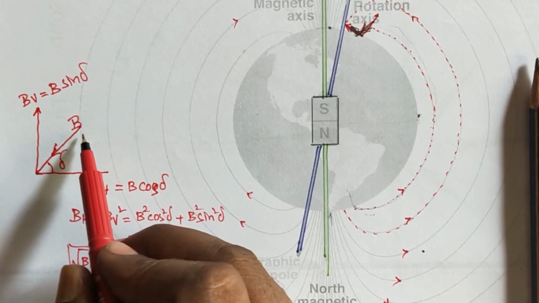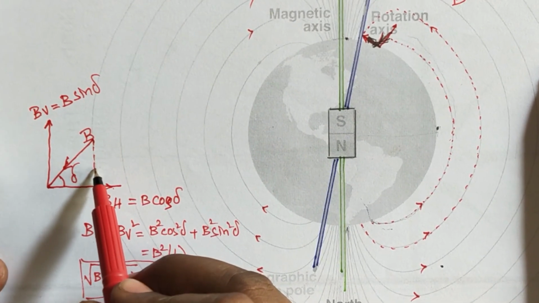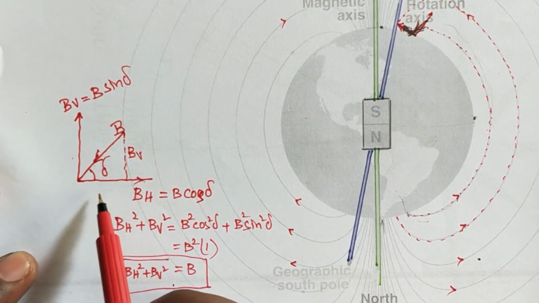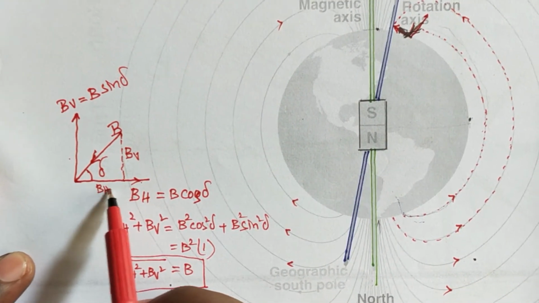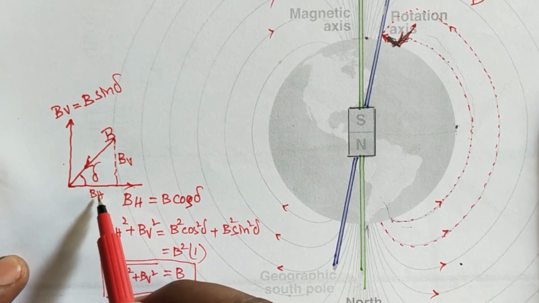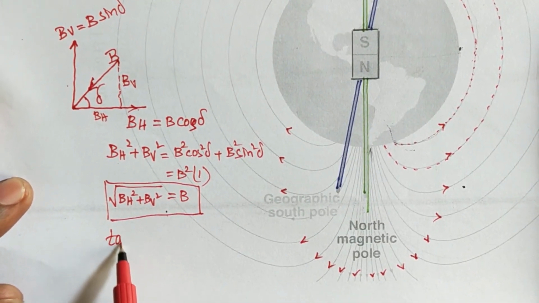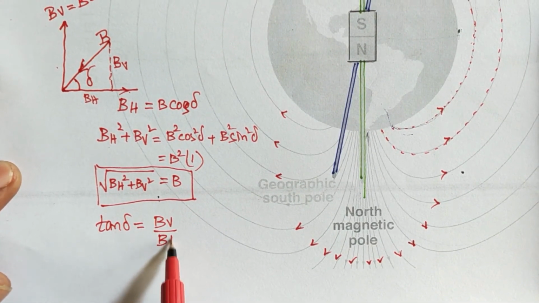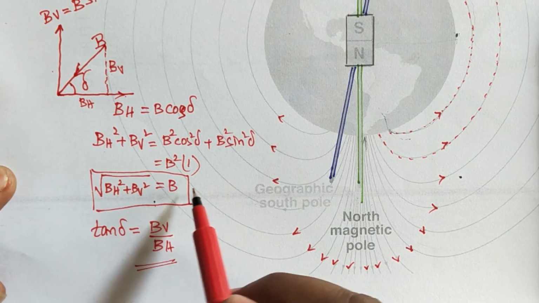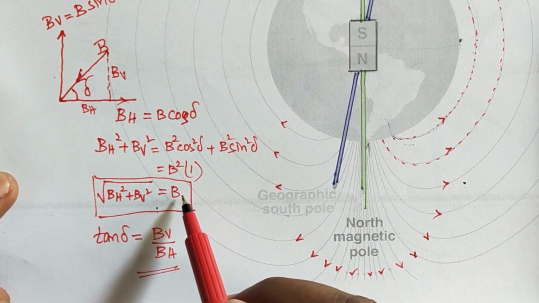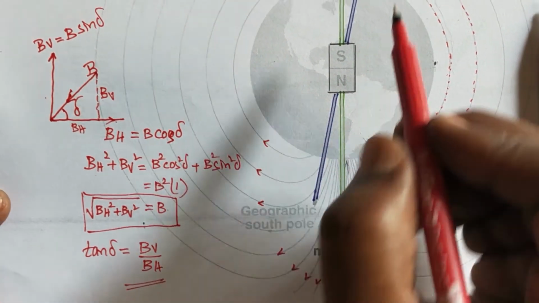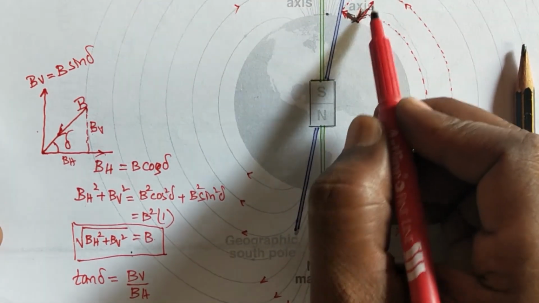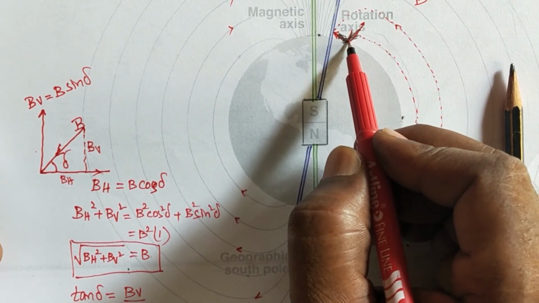Now, if I join this as a right angle triangle, this is the vertical component BV, and this is BH. Taking opposite side by adjacent side, tan delta is equal to BV by BH. So this is the formula to measure the magnetic field intensity at this point by using the horizontal and vertical component values at that place.